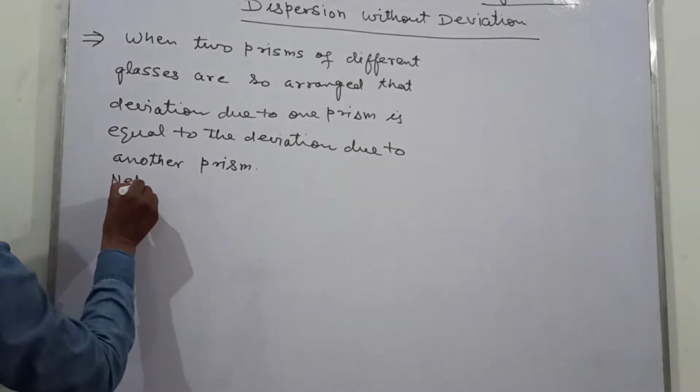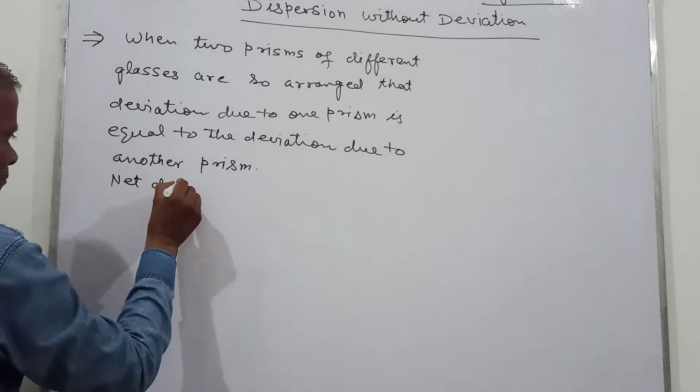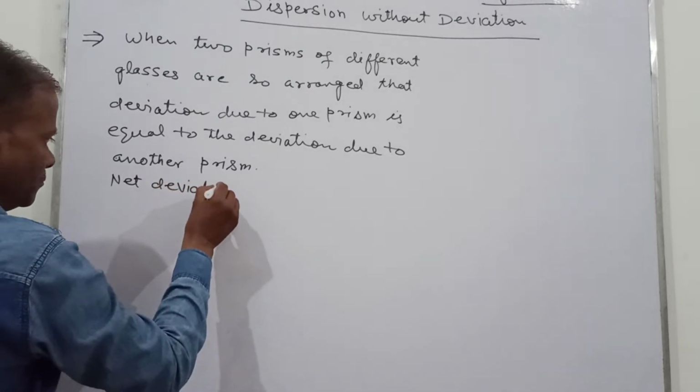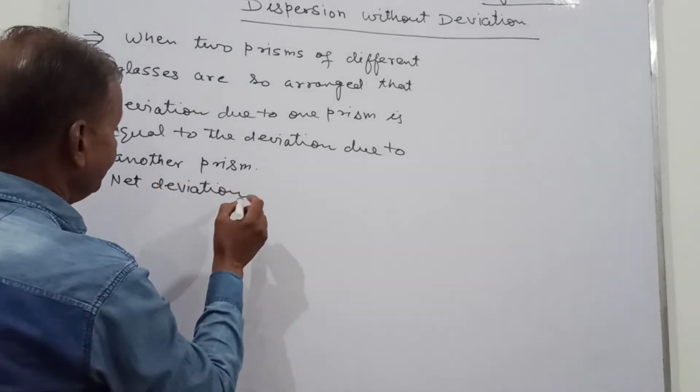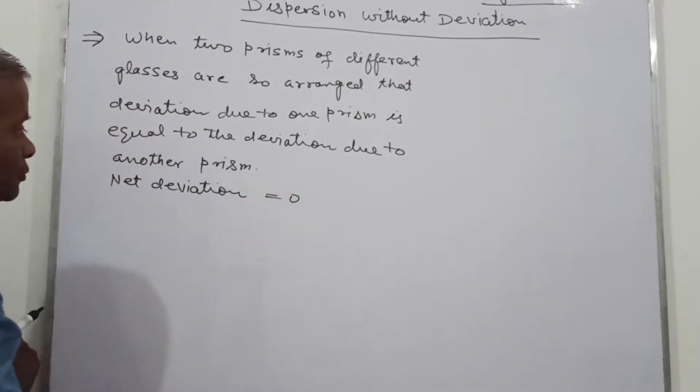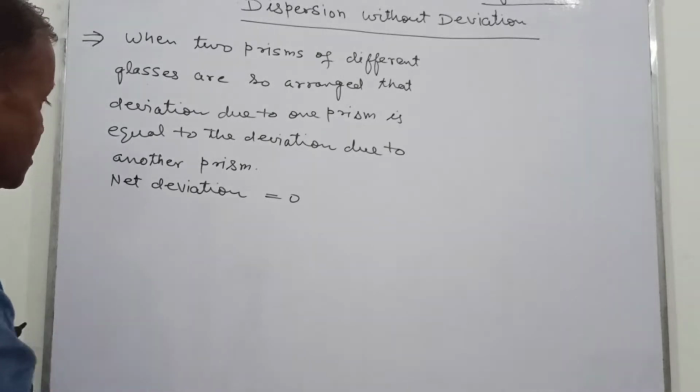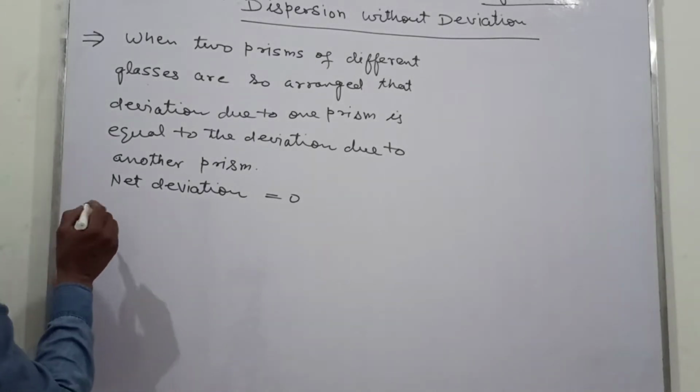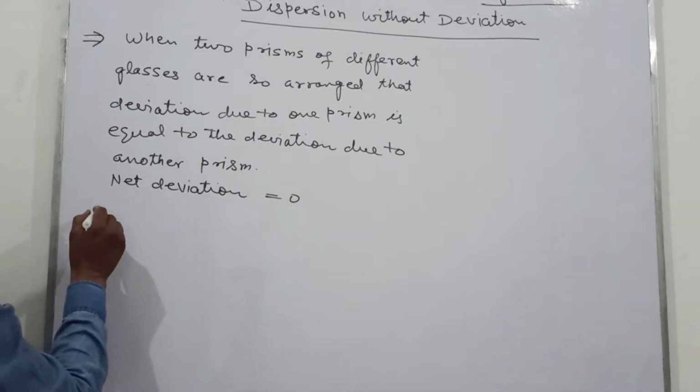Net deviation is equal to 0. So what happens is that now we take for crown glass.